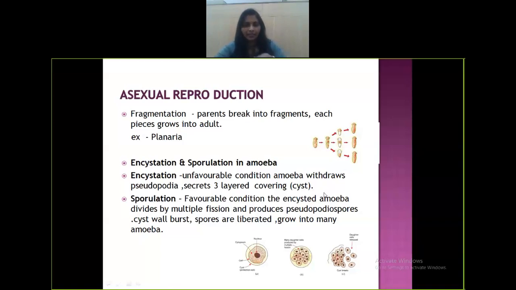It remains in that dormant stage until the conditions become favorable. When the conditions are favorable, the encysted amoeba divides by multiple fission and starts producing many pseudospores. Then the cyst wall bursts, spores are liberated, and these grow into many amoebae.